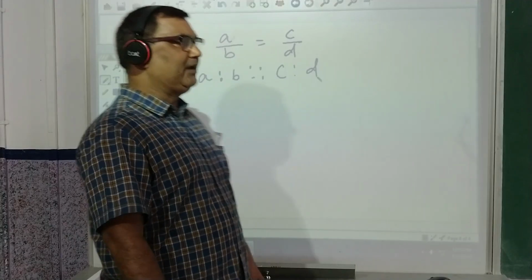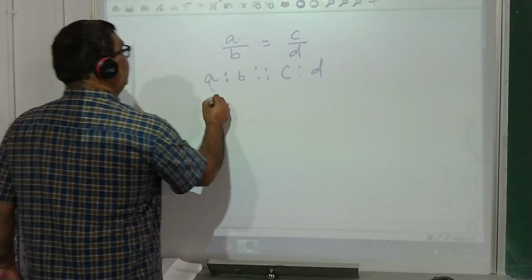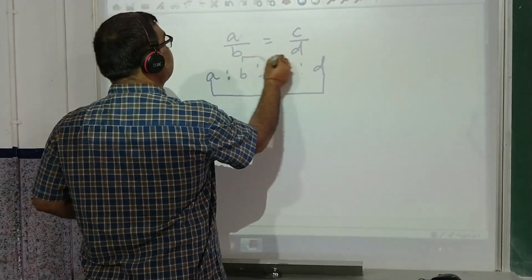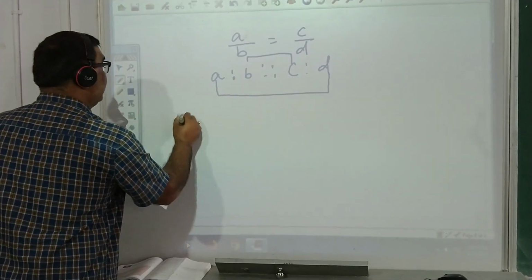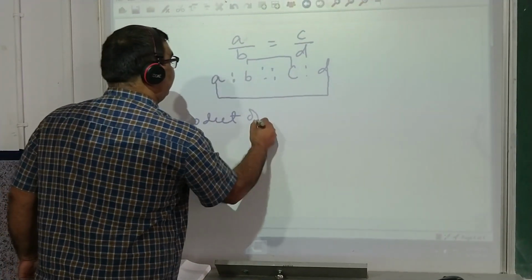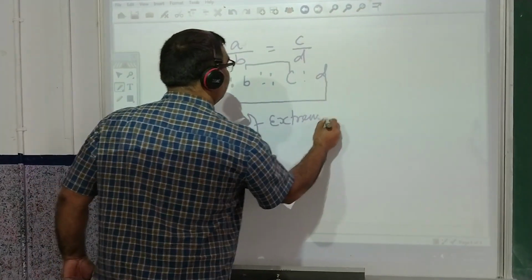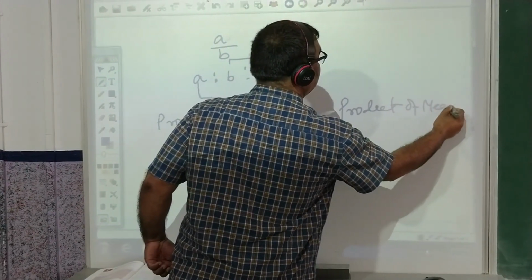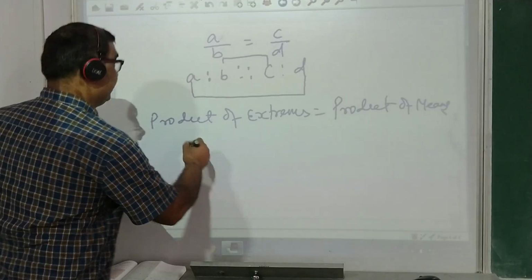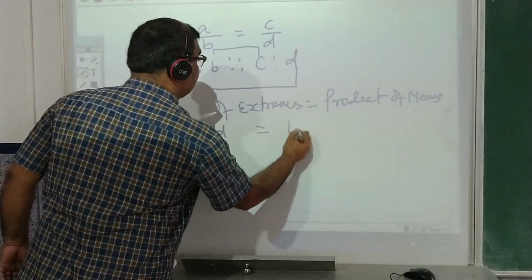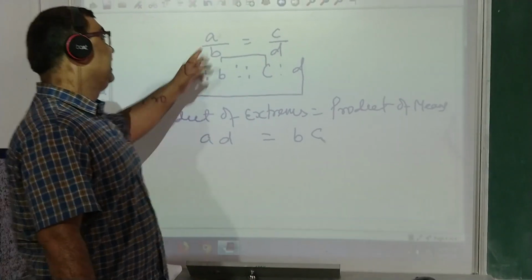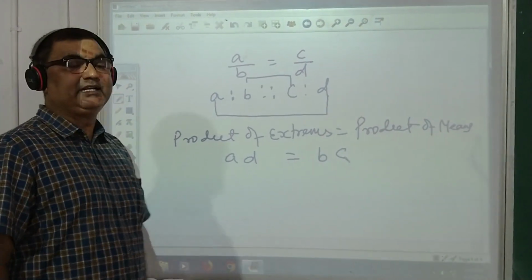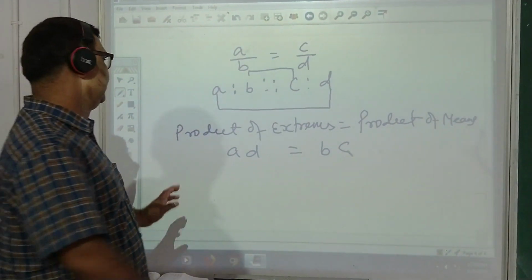The very simple way is to first find the product of the extremes, A and D, and the product of the means, B and C. If the product of extremes equals the product of means, that is A into D equals B into C, then A, B, C, D are said to form a proportion.